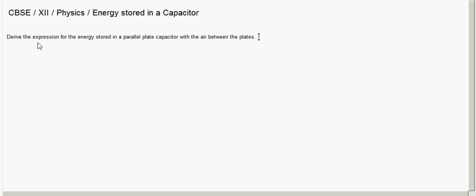How does the stored energy change if the air is replaced by a medium of dielectric constant K?